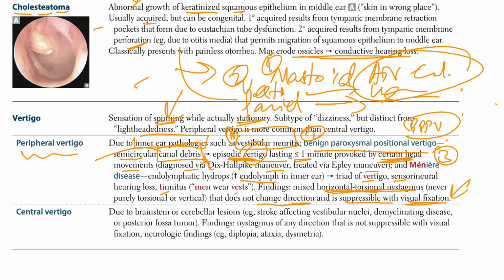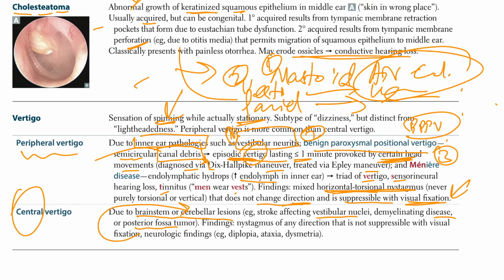Let's take a look at central vertigo. In central vertigo, central means brainstem and cerebellar lesions, stroke affecting the vestibular nuclei, demyelinating diseases, or posterior fossa tumors. And that is going to mess up your cerebellum, right?